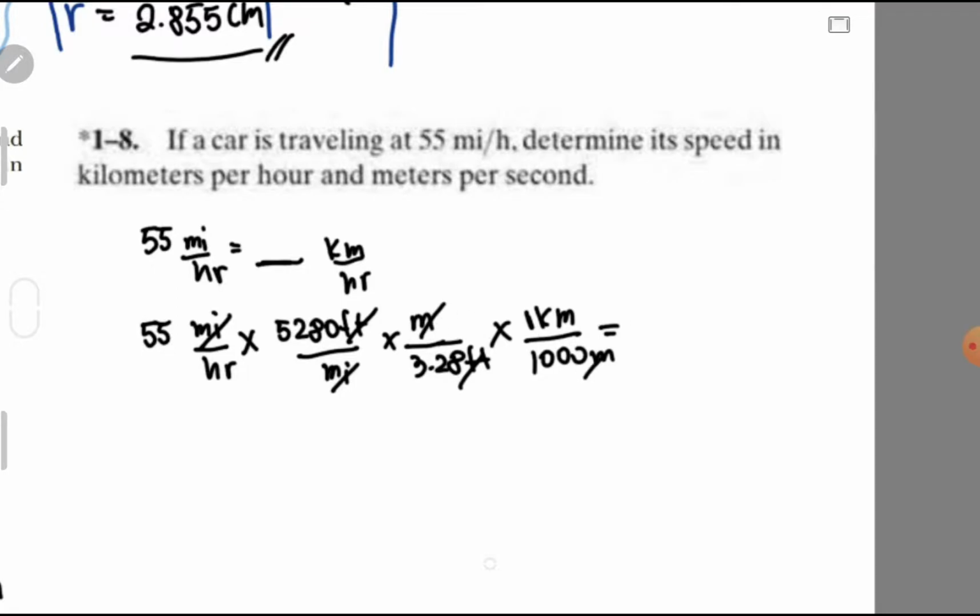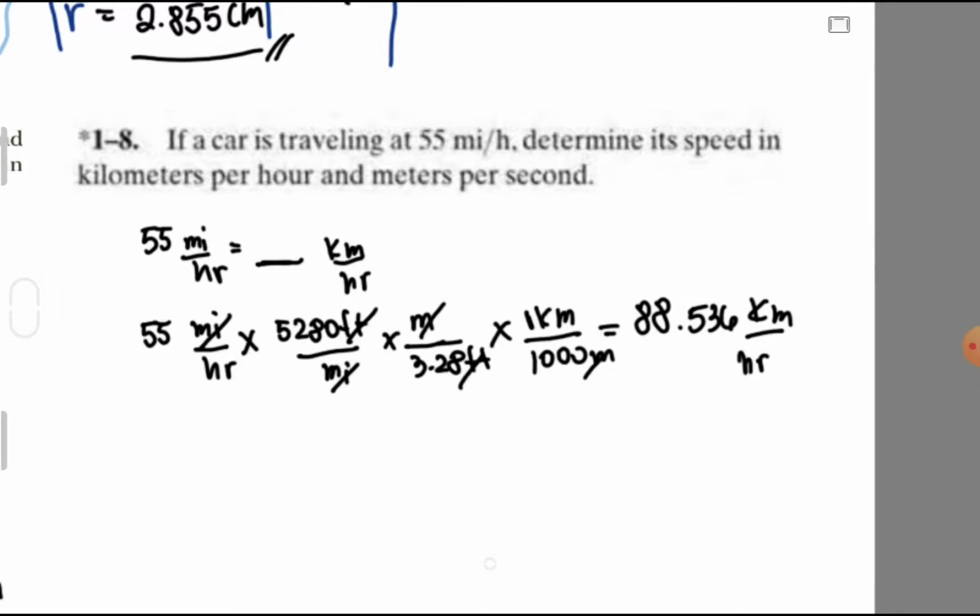So I will have a value equal to 55 times 5,280 all over 3.28 times 1000, which is equal to 88.536 kilometers per hour.